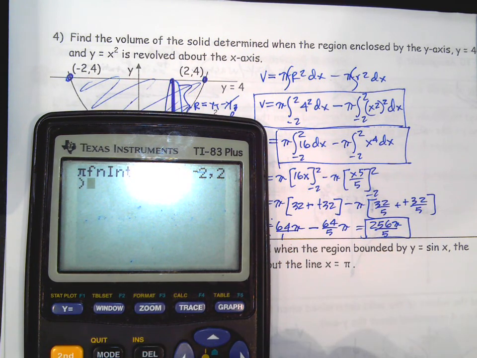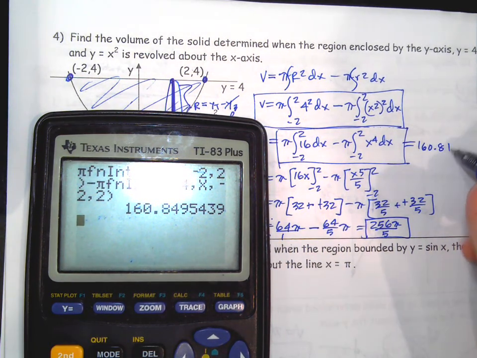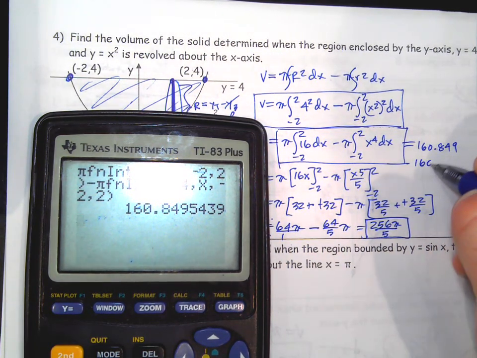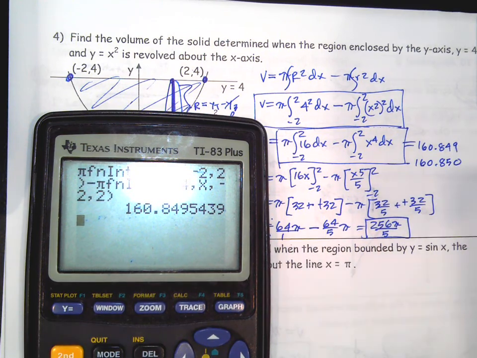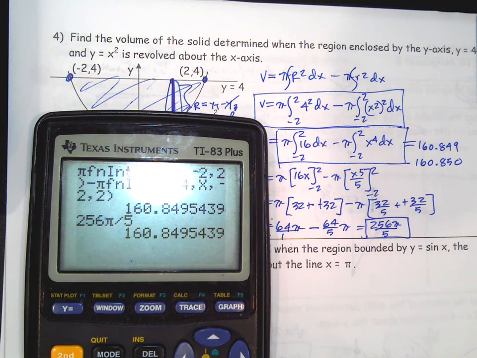Minus pi, math 9, x to the 4th, comma, x, comma, -2, comma, 2. And we get 160.849 or 160.850. 256 pi over 5 is the same thing.